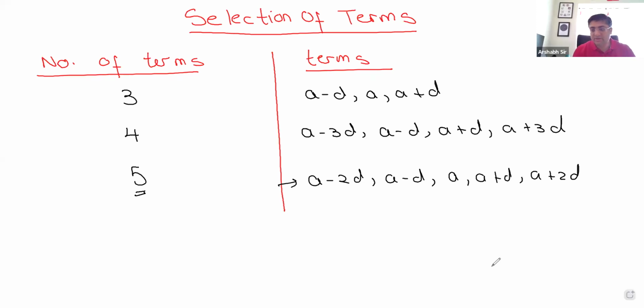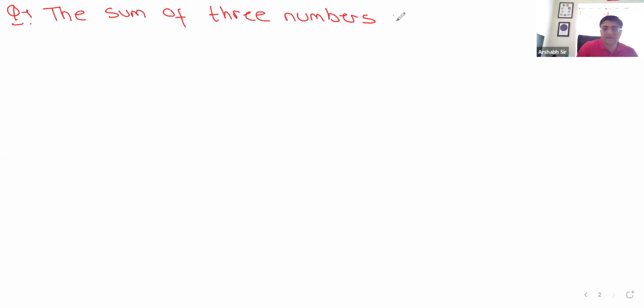All right. So let's look at a question based on this. The sum of 3 numbers in AP is minus 3.